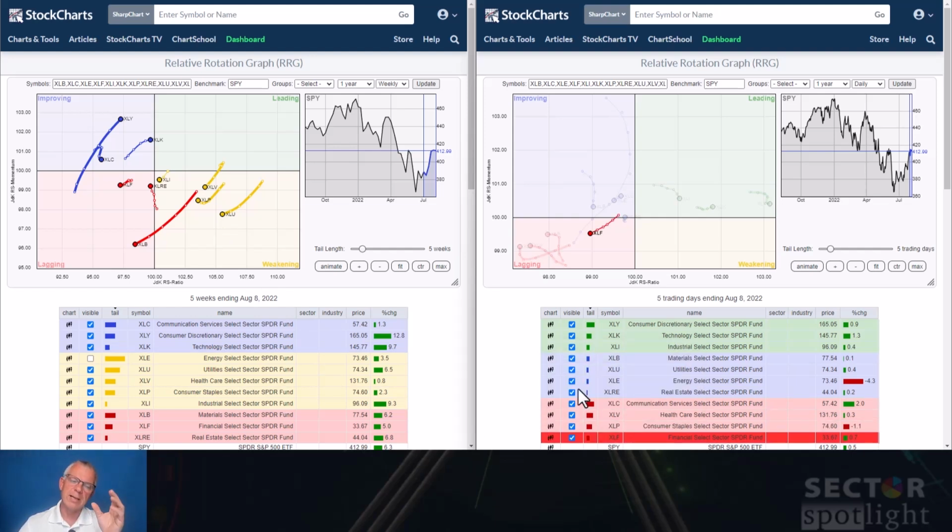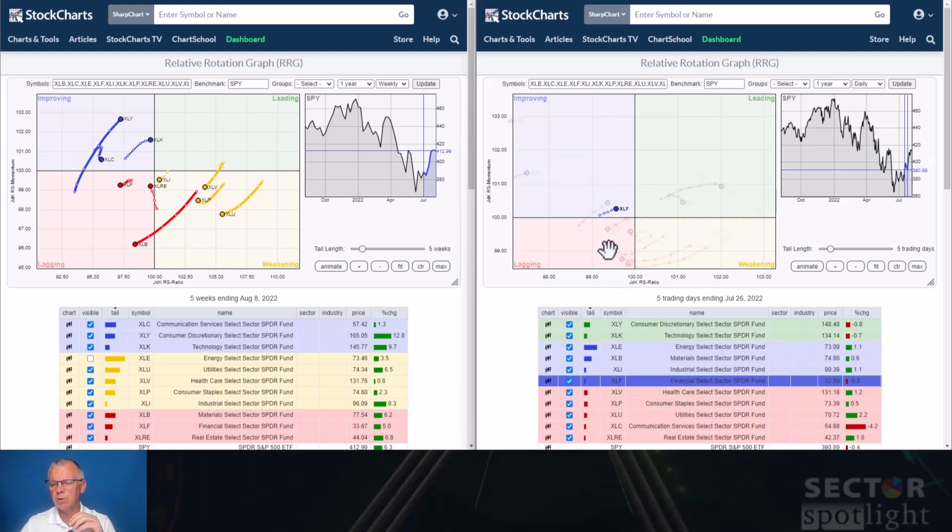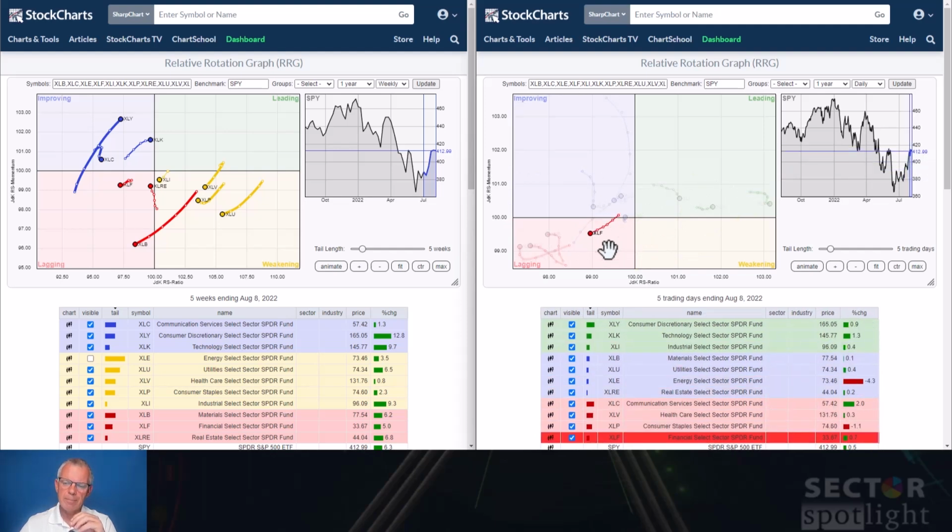And then another one that is very clear, together with materials and with technology, is the financial sector. Financials, the daily tail has just moved back into the lagging quadrant after a short move through improving, and it's now back in sync with the weakness that we see for the financial sector on the weekly RRG.